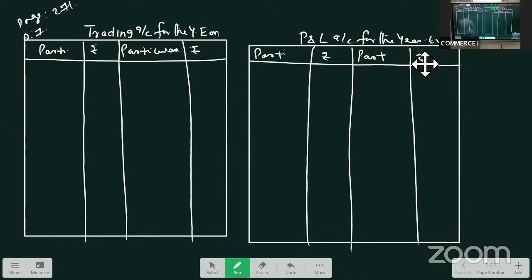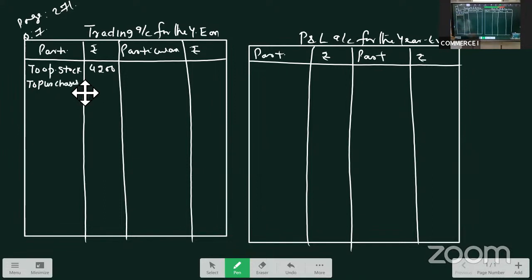Let us see what items are given. First item is opening stock. Opening stock will appear in trading account, debit side. Purchases also will appear in trading account on the debit side.